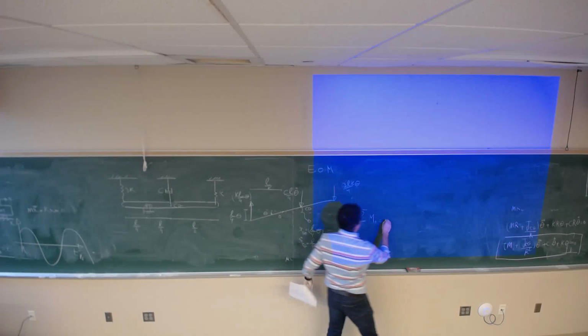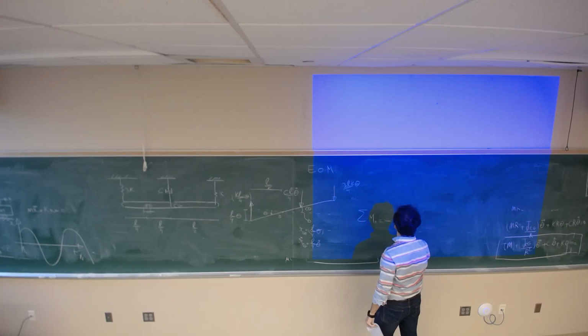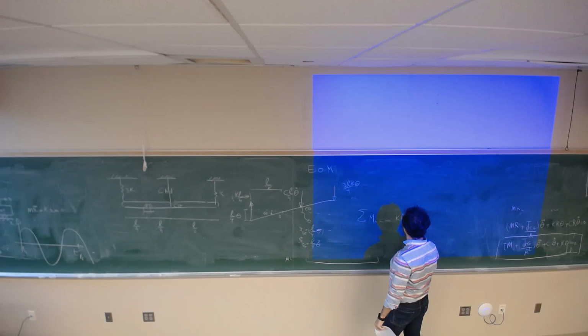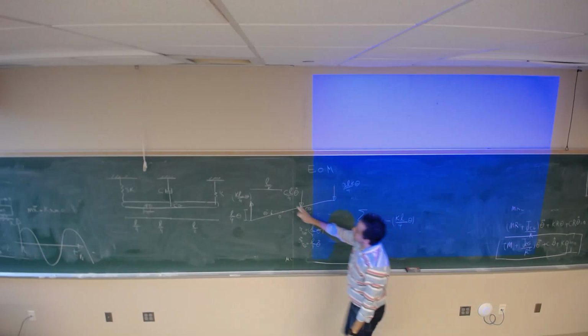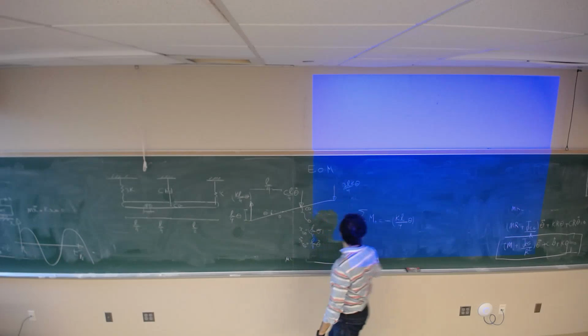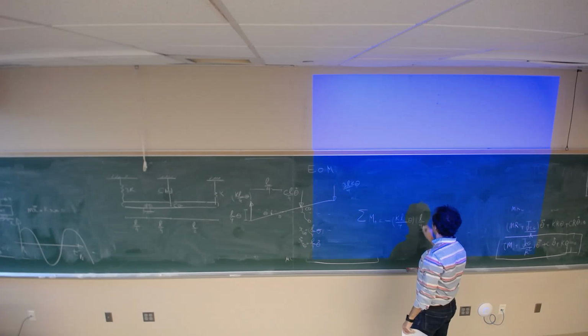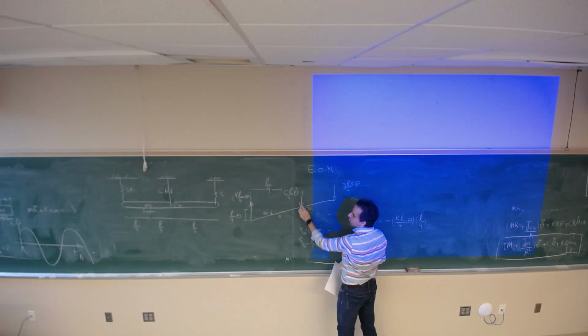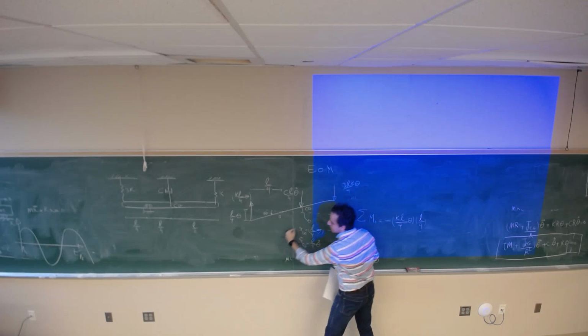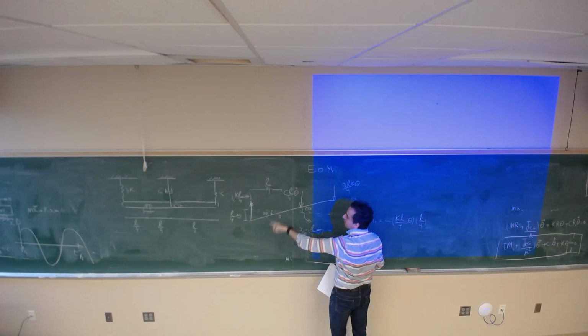So summation of the torque would be negative K L over 4 theta times distance, which is L over 4. From this side, this force times distance is again making clockwise.